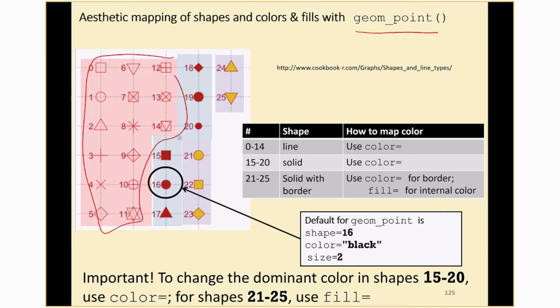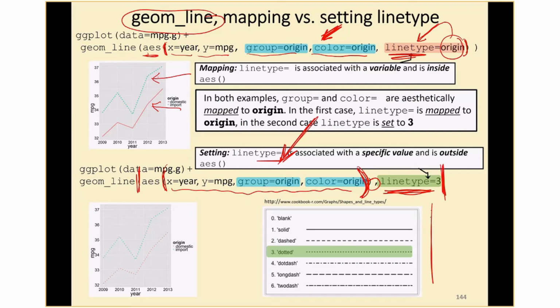In contrast with geom line, there's only these 6 different line types that we have available to us. So, in this case, we've set line type equal to 3. Line type equals 3 is a dotted line. And so, as always, when we set, because we specify that line type is going to be equal to 3, there's only going to be a single line type, and that's going to be the dotted line.